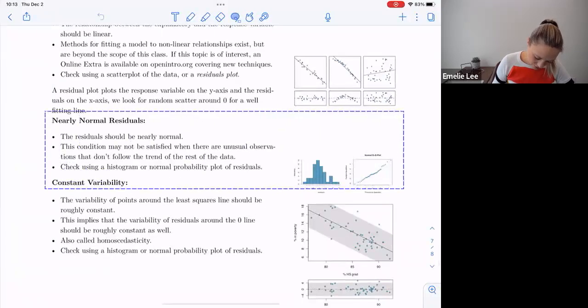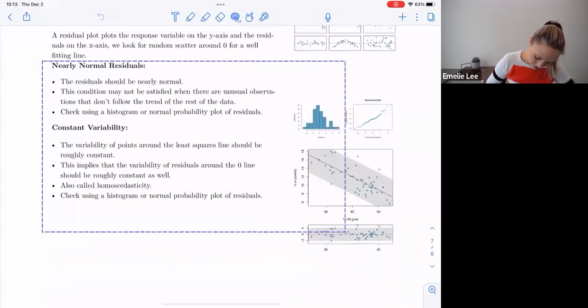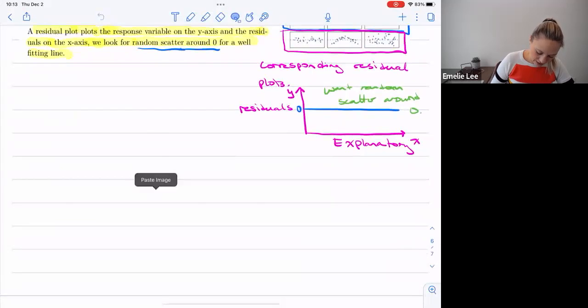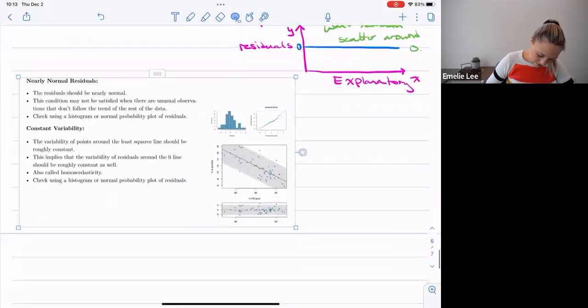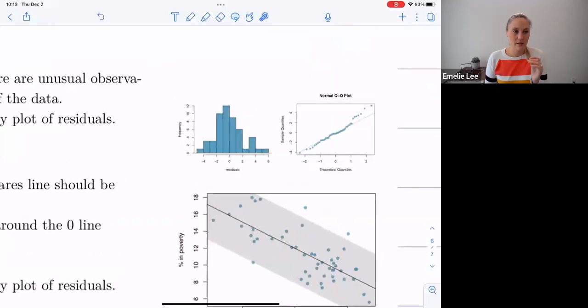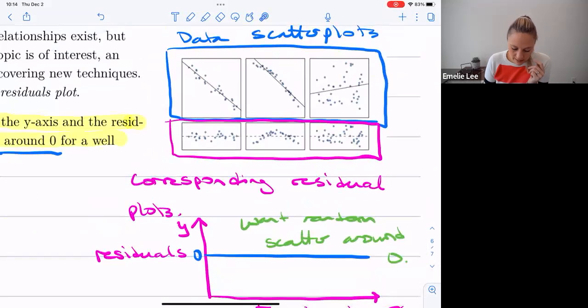If you're checking the normality of the residuals, or nearly normal residuals, then you can do a histogram. It's a relatively weak relationship here, and it is hard to see that there's non-constant variance, but I'll show you a more extreme example.